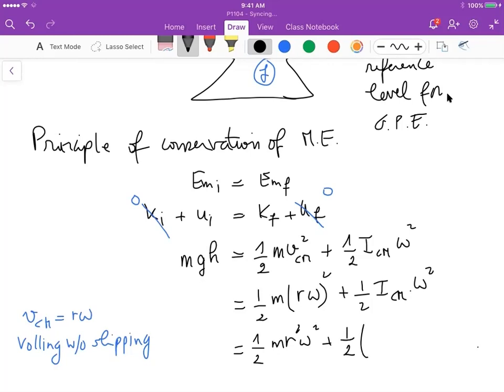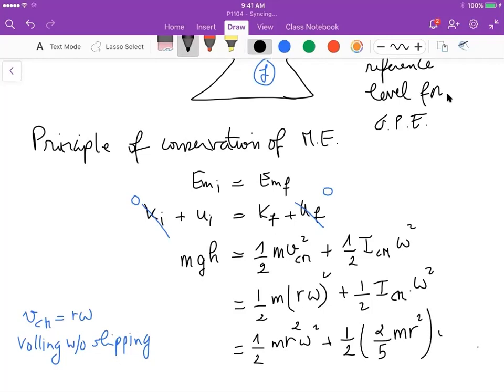Now, how much is the moment of inertia of a sphere with respect to the axis passing through its center of mass? If you have a look at the table inside our book, you'll find that for a uniform solid sphere, the moment of inertia with respect to an axis through the center of mass is given by 2 over 5 times m r squared, where m is the mass of the sphere and r is the radius.